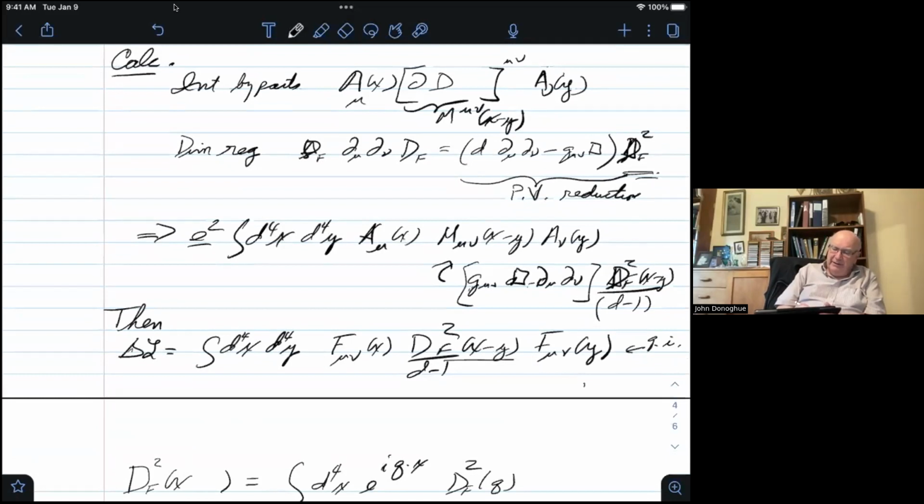Here's the basis where you see it. I'm using dimensional regularization, and there's a bunch of identities. The place you've probably seen this before is if I had, for example, the integral d^4k of k mu k nu over something.